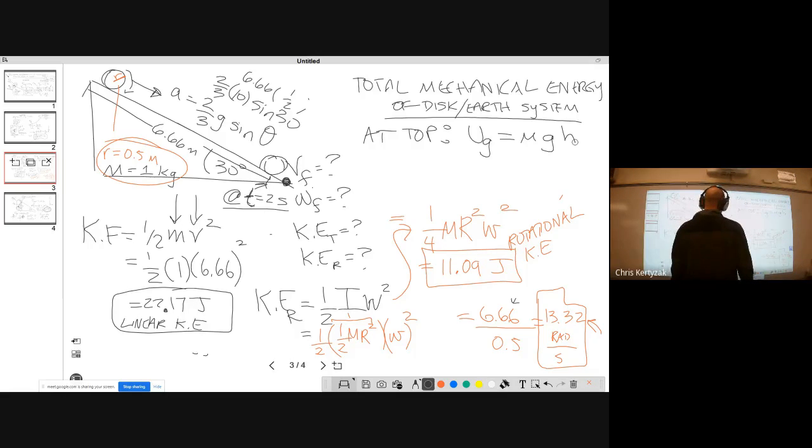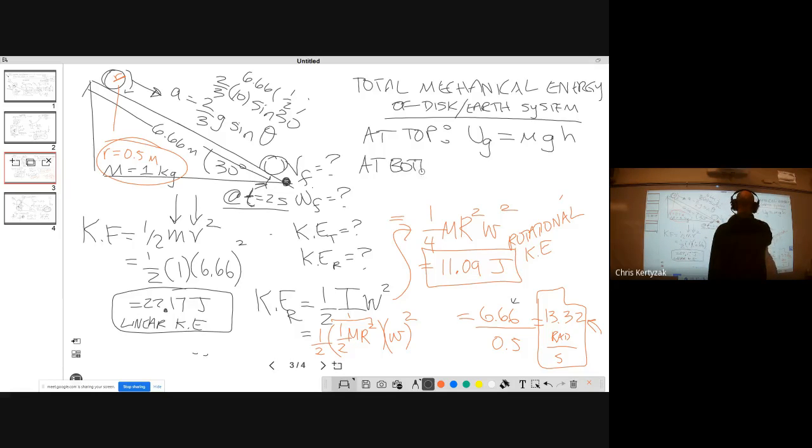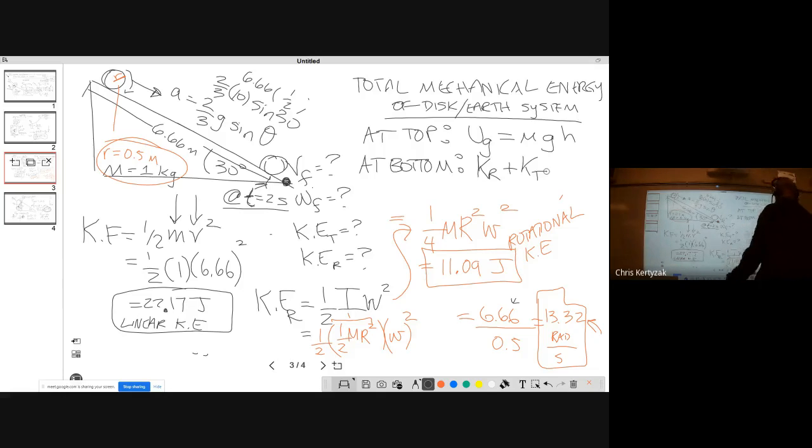I hope it does. It should. At the bottom, it's kinetic energy rotational plus kinetic energy translational, right? So that's how we would model that. It's the sum of the two types of kinetic energy.